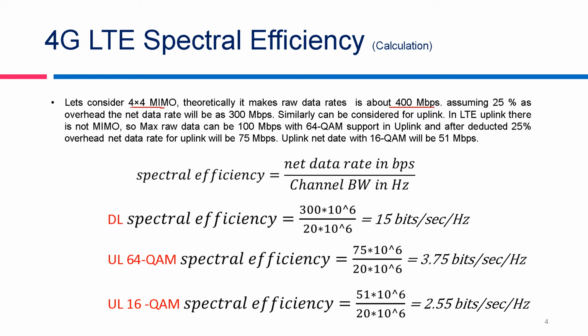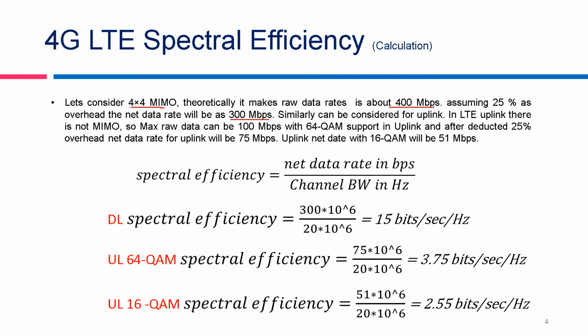Assuming 20% as overhead in LTE, this overhead is because of system broadcast information and sync signals like PSS and SSS. Then the net data rate will be about 300 Mbps.